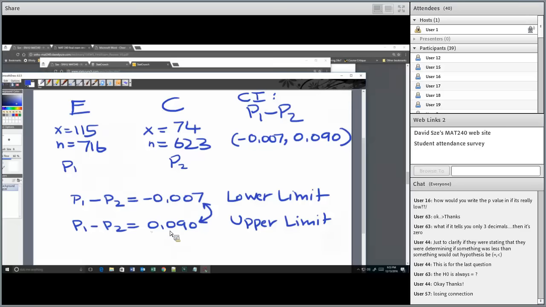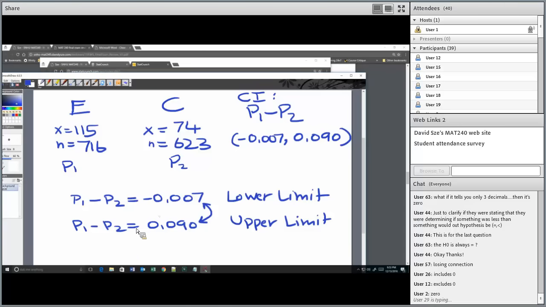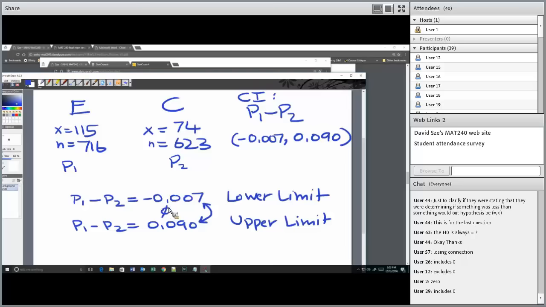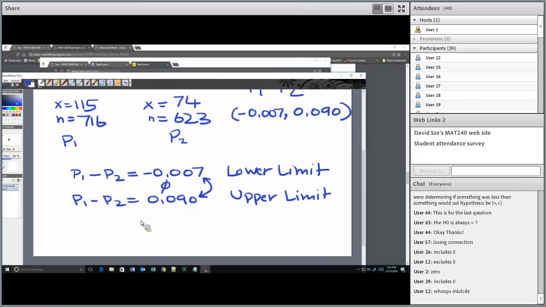So now tell me, what is interesting about this confidence interval? Very good. 0 is included here. See that? 0 is included in this confidence interval. Remember I said values in between the lower and the upper limit are believable.